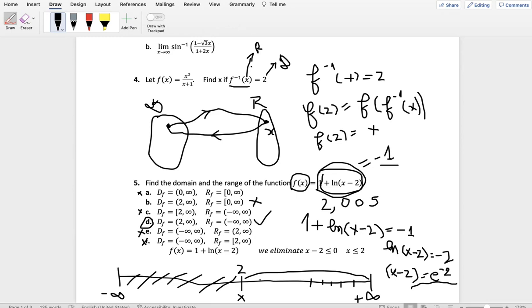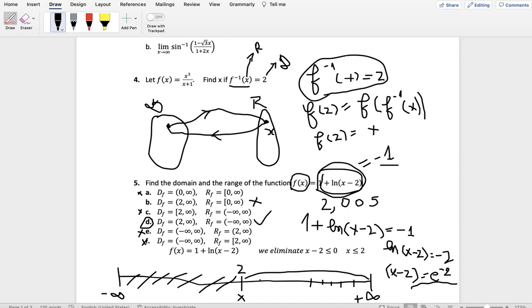So trying to explain it this way might seem a bit confusing, but maybe when I write it down like this, it makes a little bit more sense, because here you have the f inverse of f of x is equal to 2, right? And then you just look for f of 2 now. F of 2 is just equivalent to f of f inverse of x, because we've already said that these two are equal.